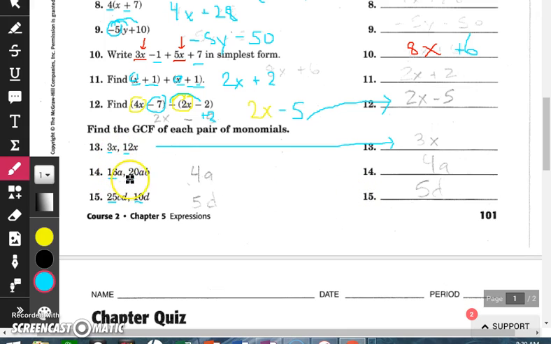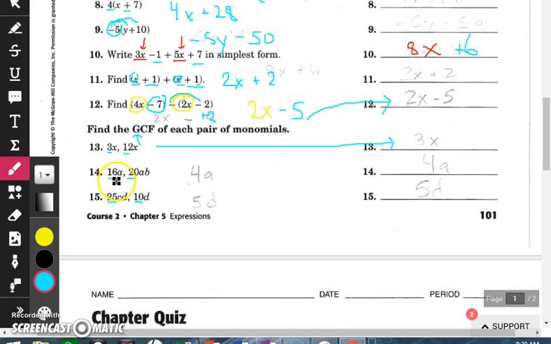If we look at 16 and 20, 16 won't go into 20. So now we have to think about multiples that both 16 and 20 share. So obviously 1 goes into 16, 2 goes into 16, 2 goes into 20 as well. We think about 4. 4 will go into 16, 4 will go into 20. I'm going to keep on going. I want to find the greatest common factor.